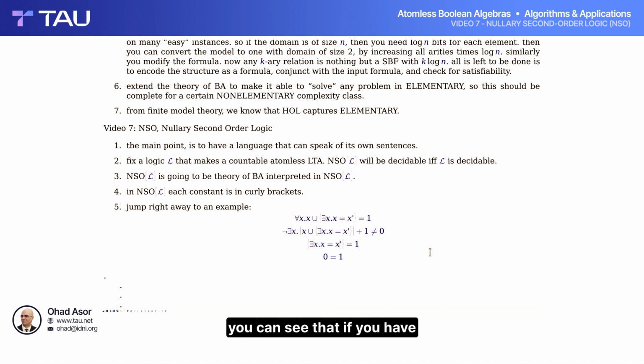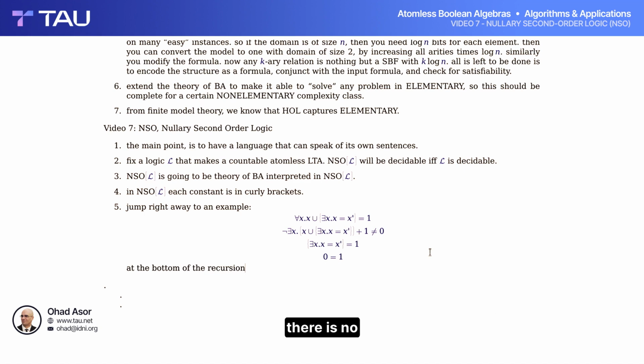So in this way, you can see that if you have nested curly brackets of depth n, you can always proceed by induction and perform the quantifier elimination procedure, simplify the formula, and obtain a formula with quantifier depth n-1, and then you move on to n-2, until what happens at the bottom of the recursion. At the bottom of the recursion, there are no curly brackets, but we said that all constants are in curly brackets, well, except 2.